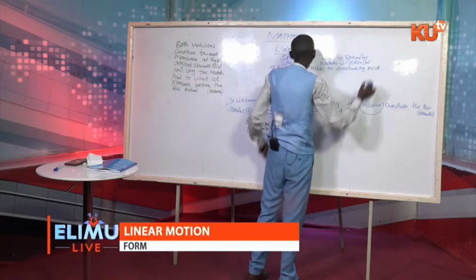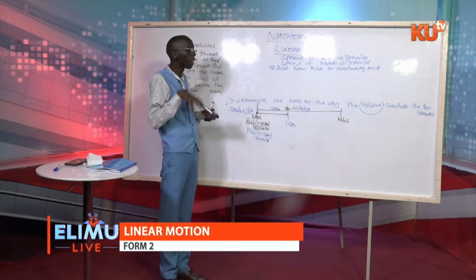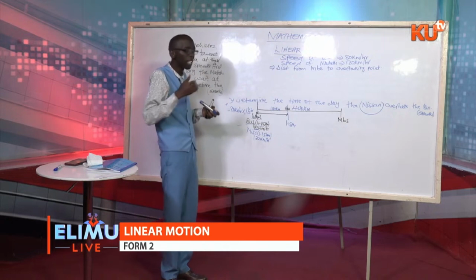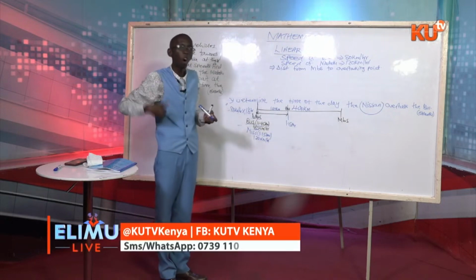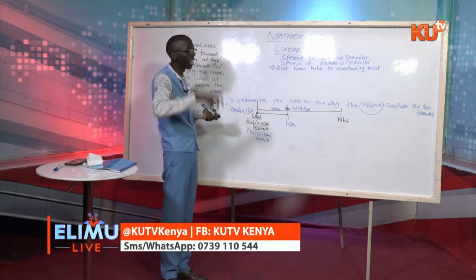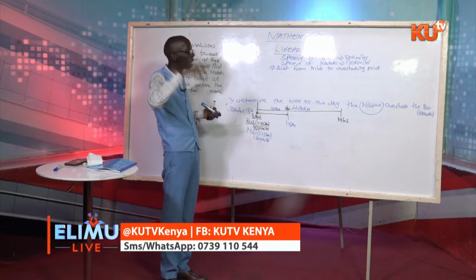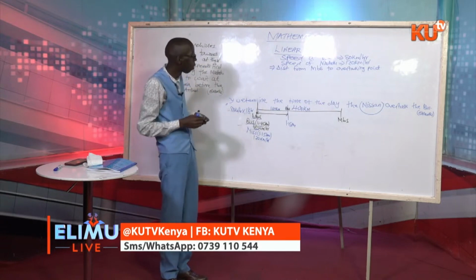Why are we doing this? We need to know, now that the bus has been overtaken by the Nissan and they have started moving in the same direction with their original speeds, what is the remaining distance from Mombasa?